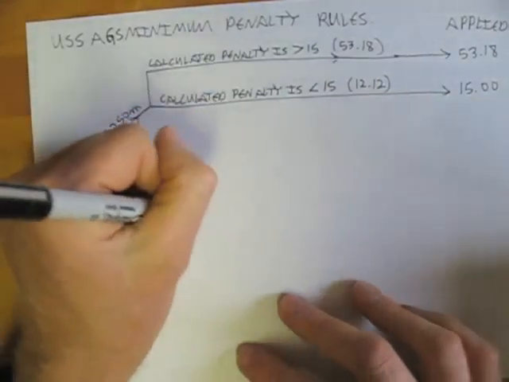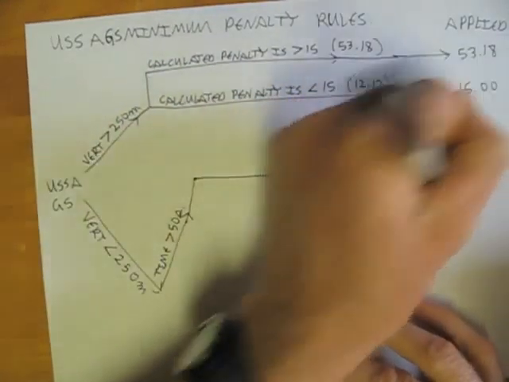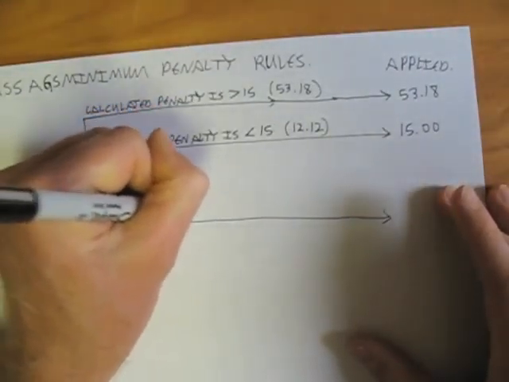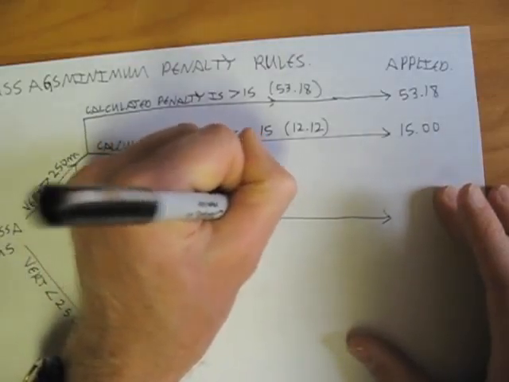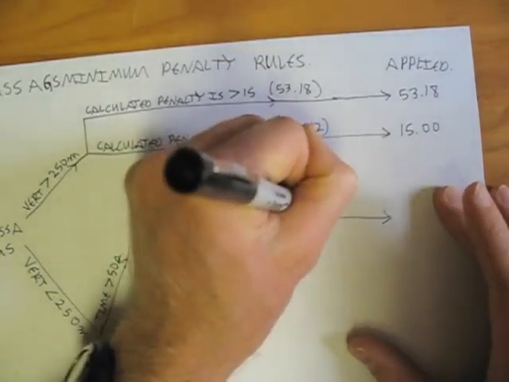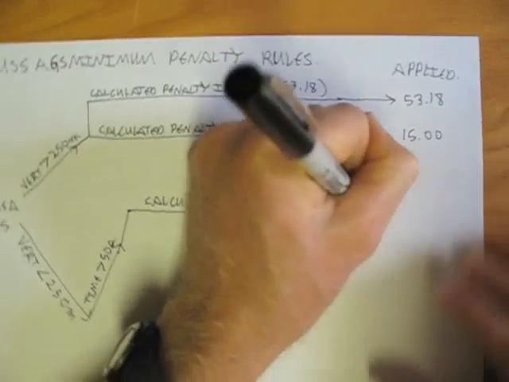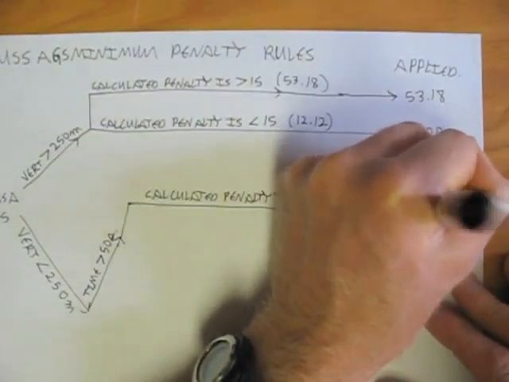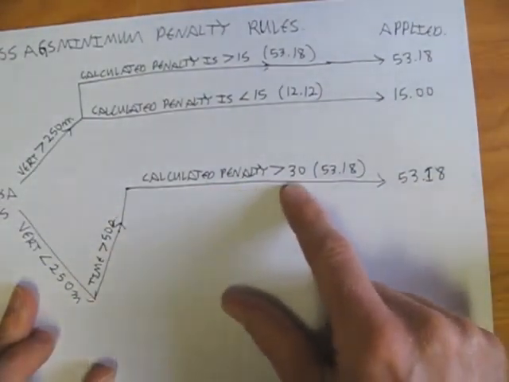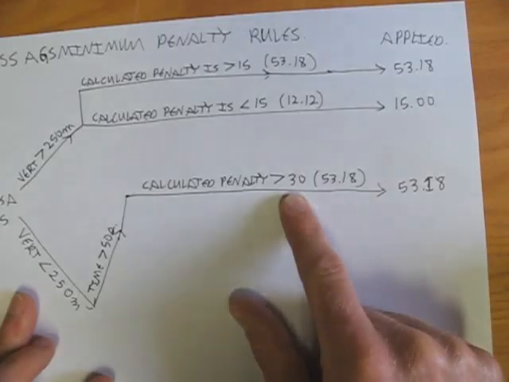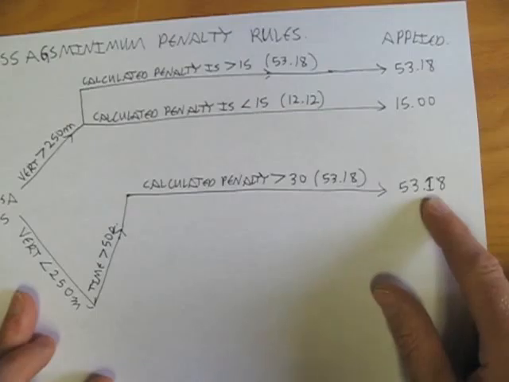Okay, if it is, then if your calculated penalty in this case is greater than 30, say 53.18, then you apply 53.18.